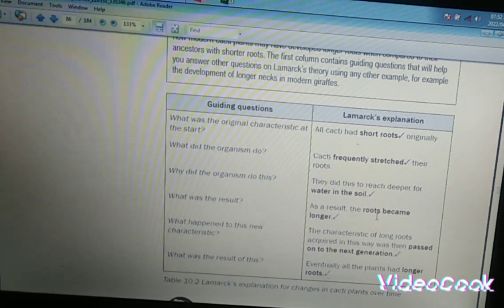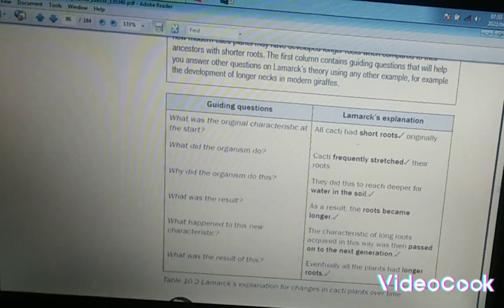Lamarck believes that we begin with average, shorter roots, and as time went on, the plants realized that in this particular environment, we have less water, so we had rather develop longer roots. That's according to Lamarck, right? What was the result? At the end of the day, the plants ended up with longer roots.